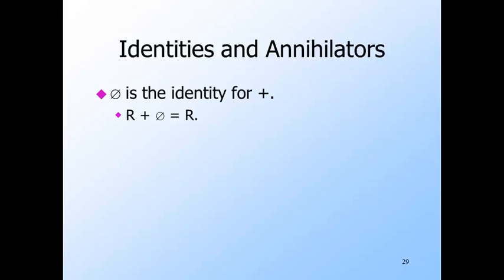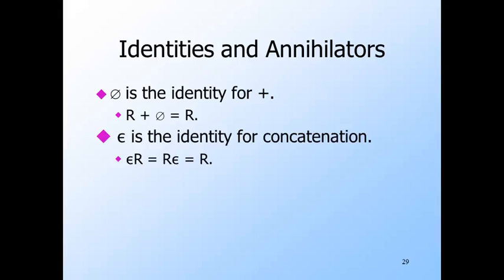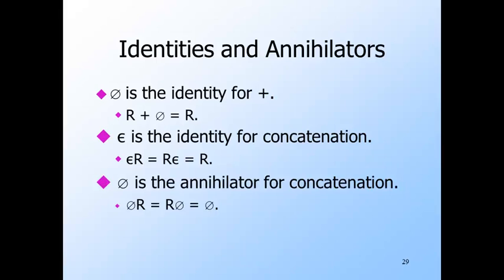Now, the identity for union, as we actually have mentioned, is the empty set. Obviously, taking the union of the empty set with any set yields that set. The language containing only the empty string is the identity for concatenation. Concatenating any string S with the empty string yields S, so concatenating the language represented by the regular expression epsilon with any other language, say the language represented by regular expression R, will result in the same language, the one represented by R. Finally, the empty set is the annihilator for concatenation.